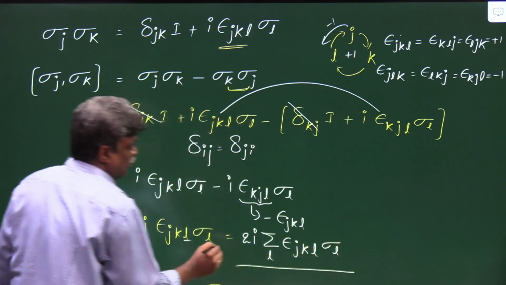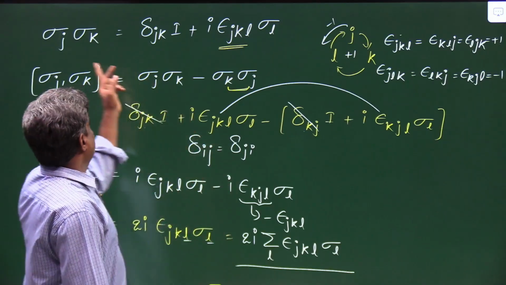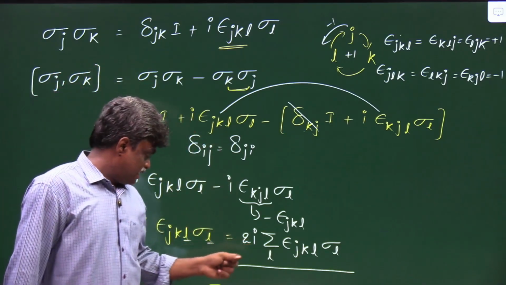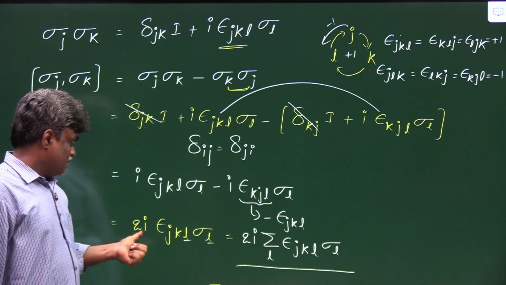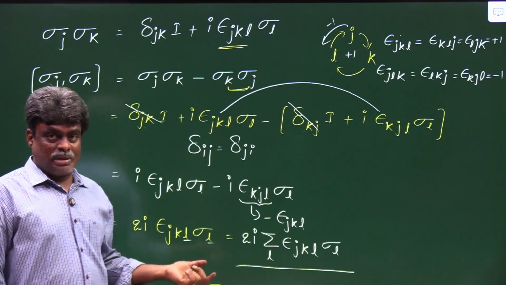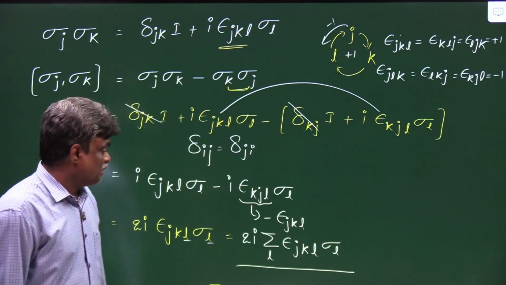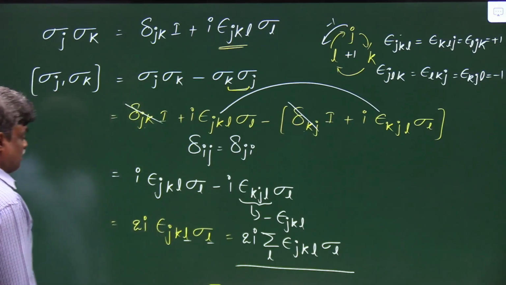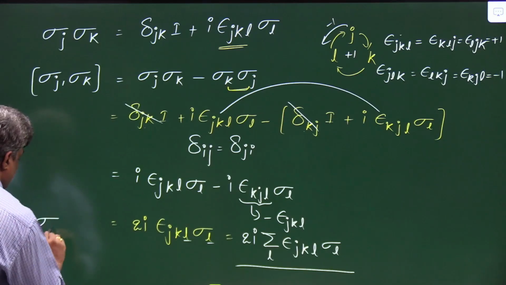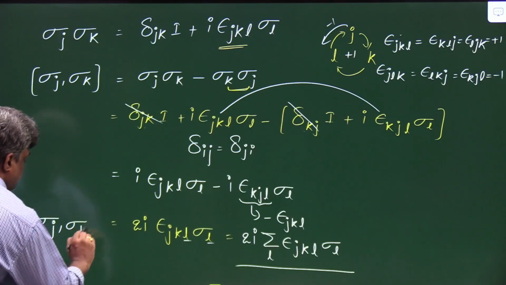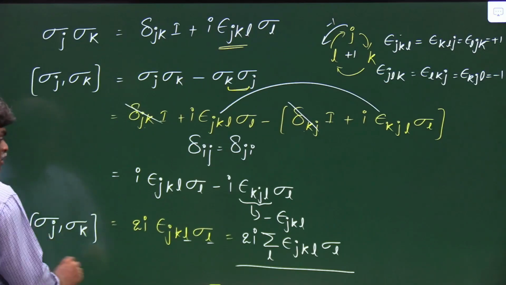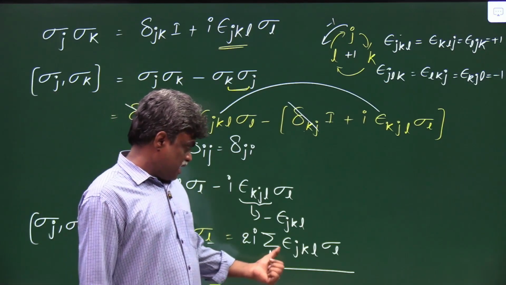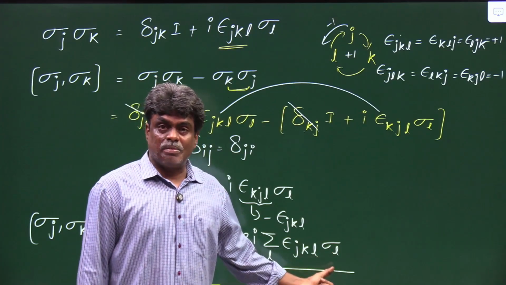So this is the reason why they have not taken ij, because here iota is there. Maybe you will think it is repeated twice by using that Einstein summation rule. So that's it. And this is a very beautiful relation. Sigma j, sigma k commutator equal to 2 iota summation over l epsilon jkl sigma l.